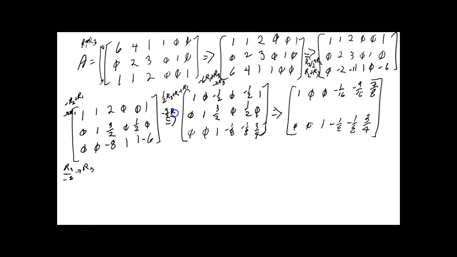-3/2 row 3 plus row 2 is the new row 2. I can't talk. Literally, I can't talk. I don't know what's wrong with my throat. All right, so what does that give us? 0, 1, 0.